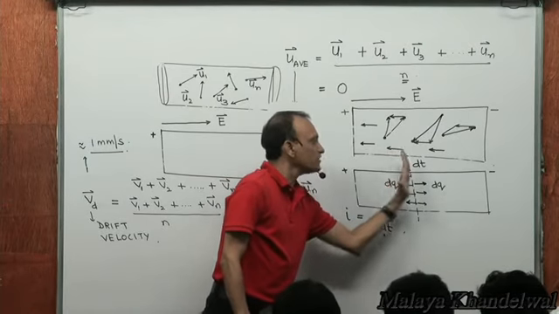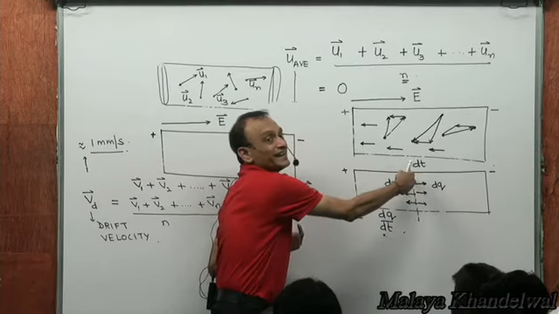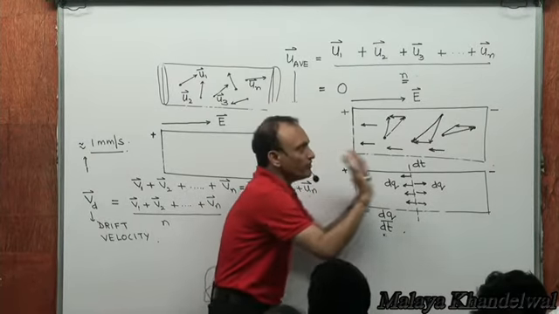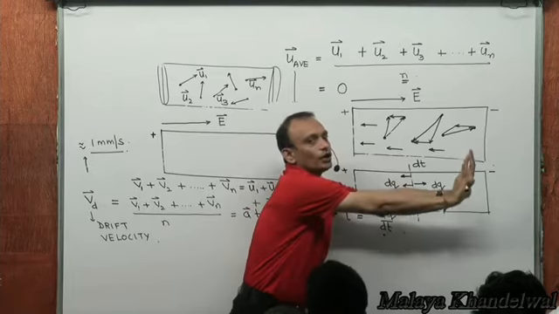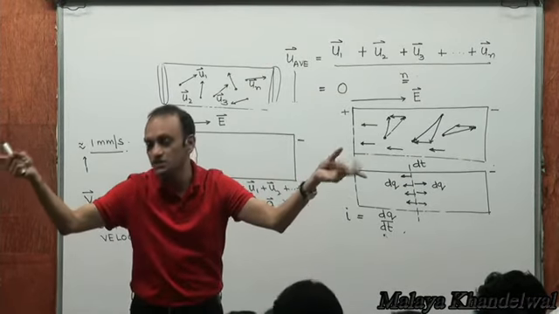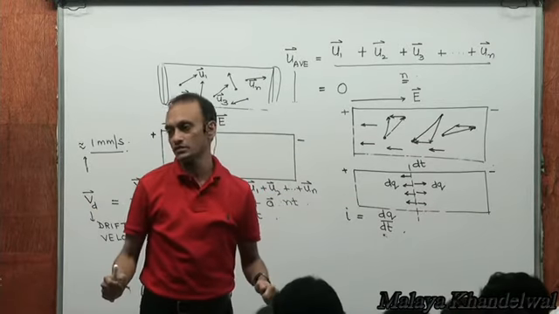If electrons are flowing from right to left in this direction, that's called an electronic current. But the equivalent amount of positive charges flowing in the opposite direction, that's conventional current. And conventional current is opposite to electronic current.